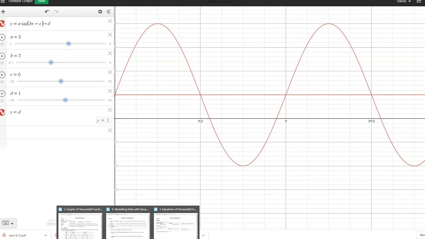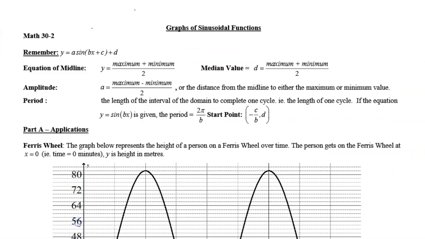So back to this. If you want to find the midline, the equation of the midline, remember, when we say equation of a line, it needs to be y equals. So if you take maximum plus minimum and divide that by 2, you're finding the middle, or the average.